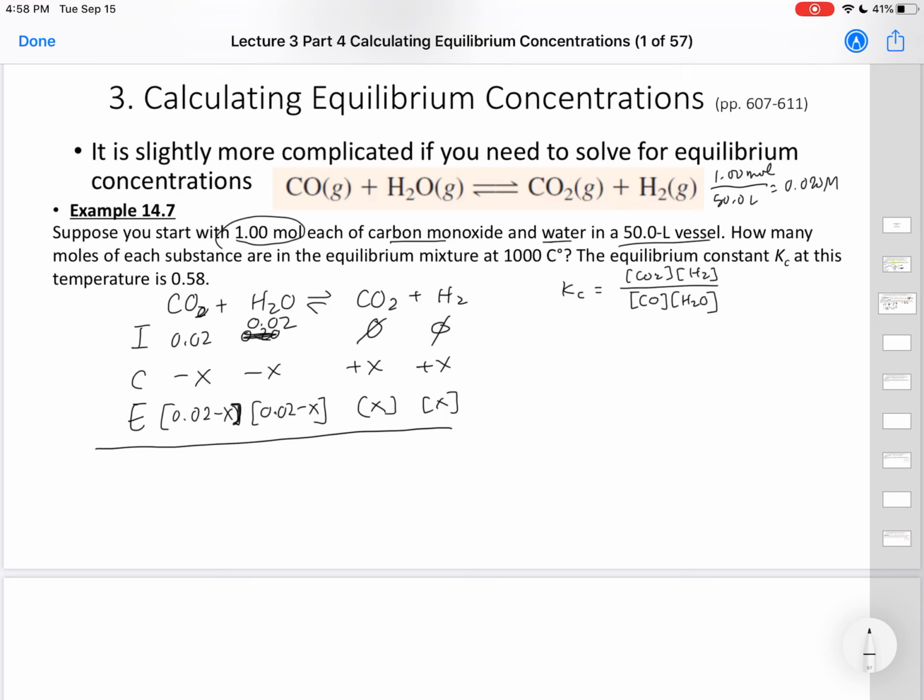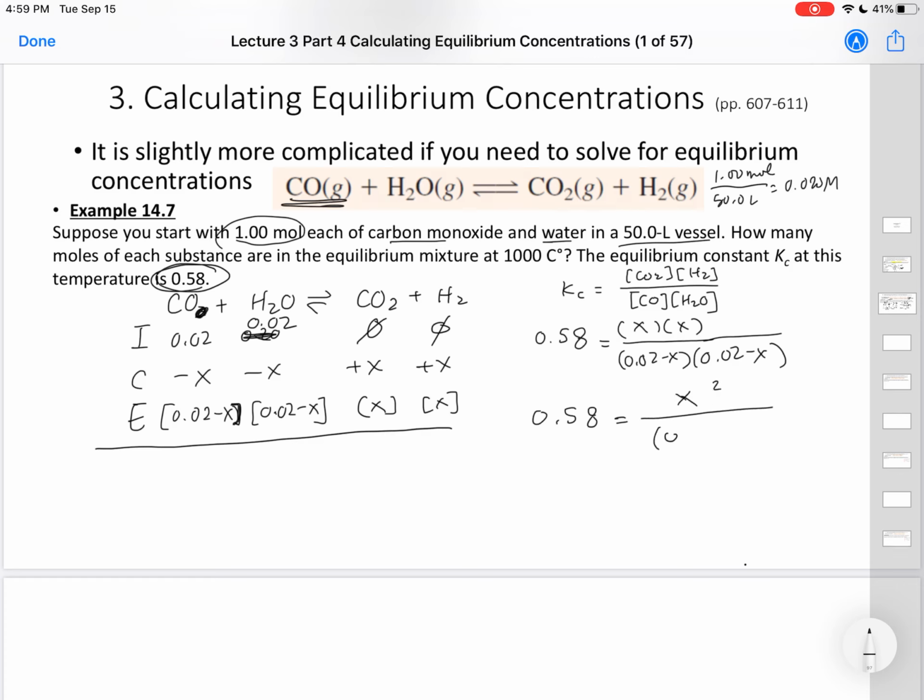I just realized I wrote CO2, it should be CO. The original equation gives us CO. So we're going to plug in our Kc, given to us in the problem as 0.58, is equal to x times x, these are the products, and then we have 0.02 minus x and 0.02 minus x. Nice part about this is that you have 0.58 equals x squared over 0.02 minus x, also squared.